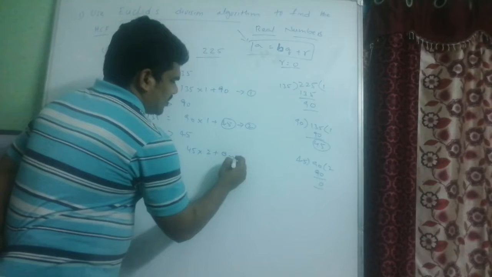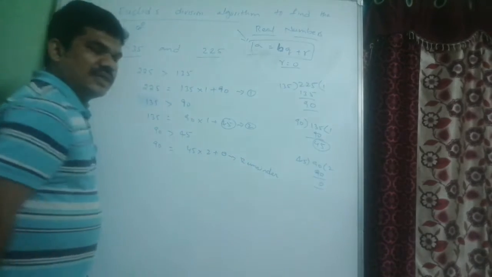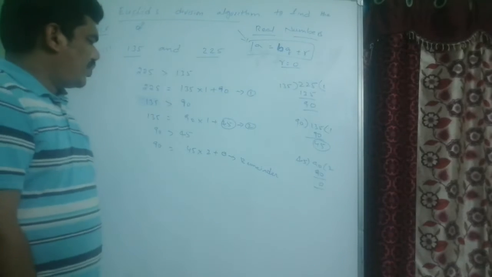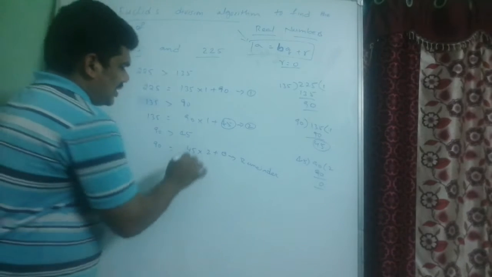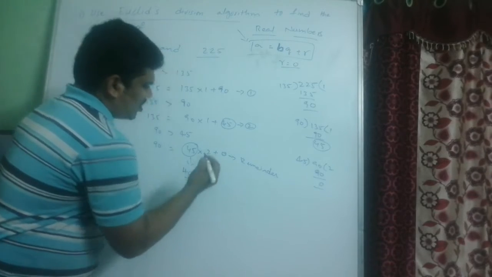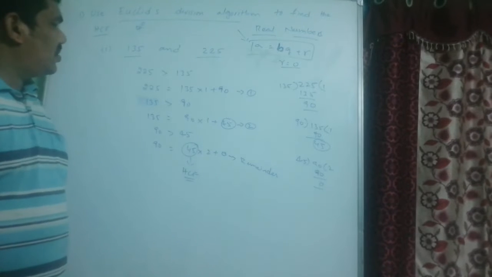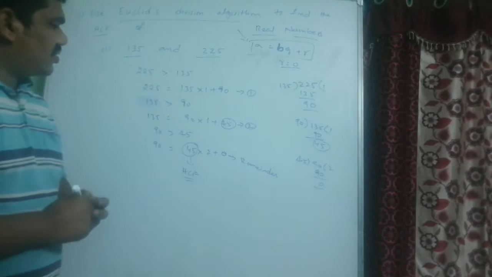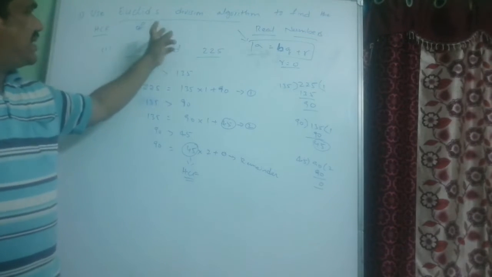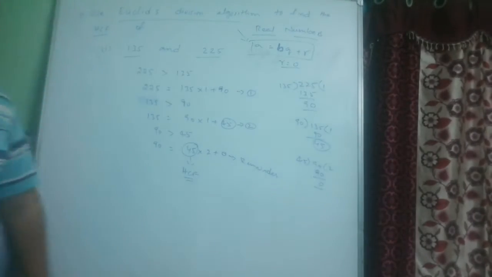Until the remainder is 0, we have to do this. Where the remainder is 0, the divisor is the HCF. So this is the HCF according to Euclid's division algorithm method.